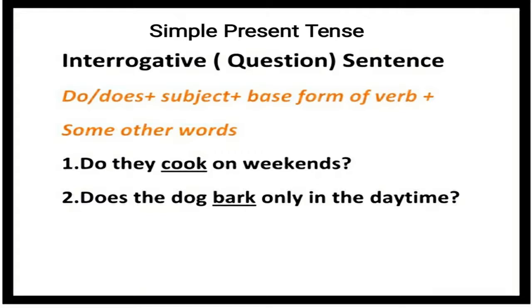Does the dog bark only in the daytime? Does is used as a singular verb. The dog is your subject, that is a singular subject. Bark is simple present tense. Then the other words are only in the daytime, and it is followed by a mark of question.